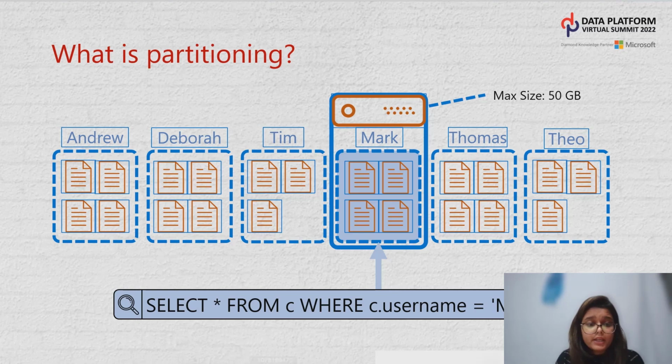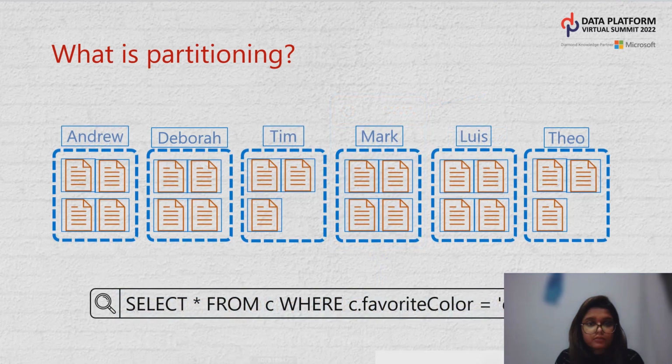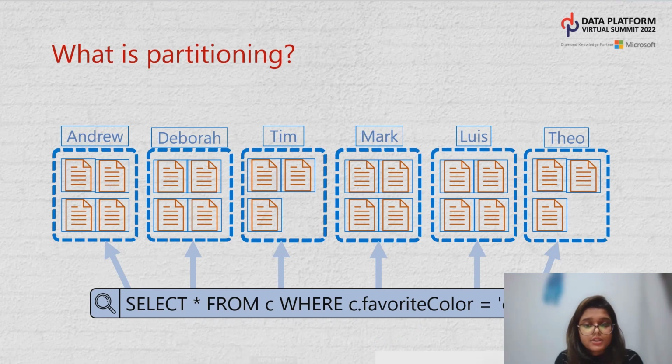Now when we query by something other than the partition key, Cosmos DB is forced to touch all the logical partitions because it is not aware of where the documents with favorite color orange reside.